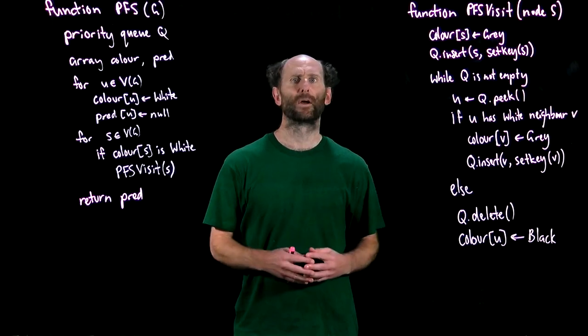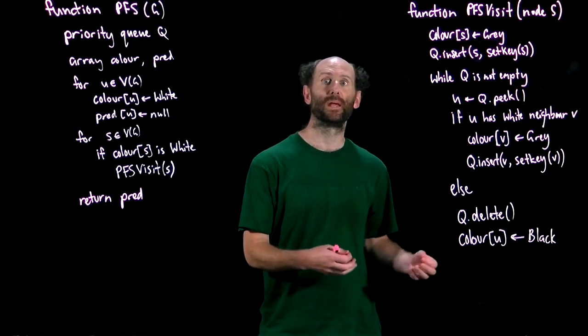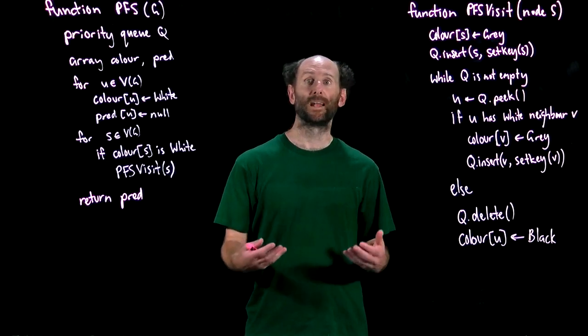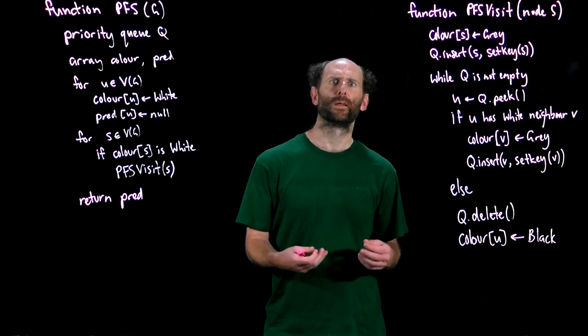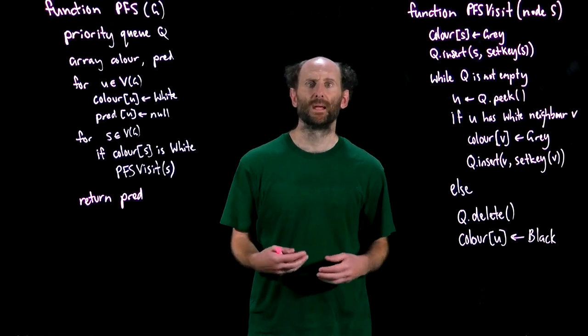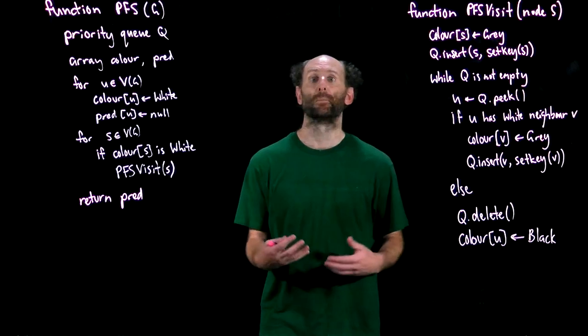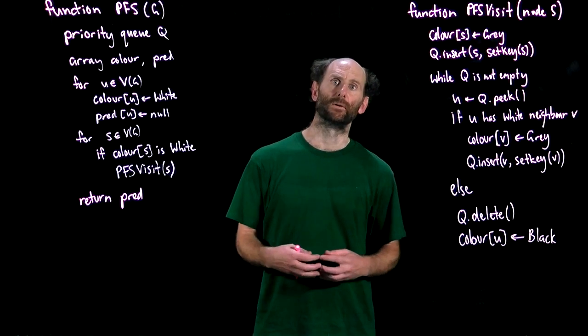So while we have the code up here, I want to mention how we can mimic both DFS and BFS using the priority queue. A standard queue, as we use in BFS, has the node that has been in the queue the longest being chosen first. So if we set the key of a node to be the time we first saw that node, that is, the time it turned grey, then we'll always choose the oldest grey node.